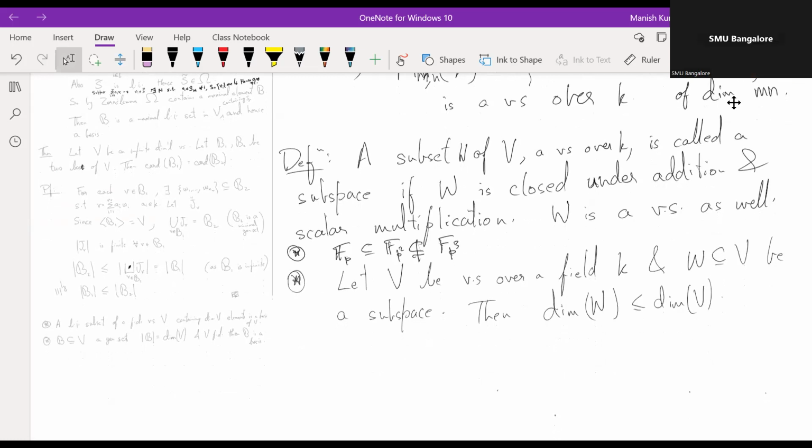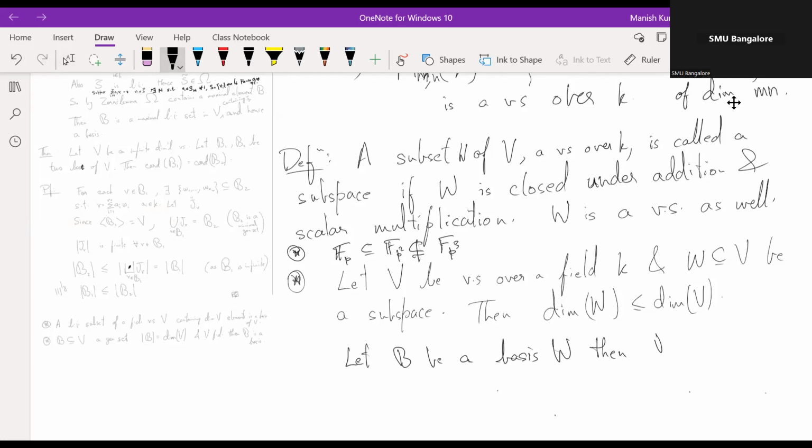Exactly. Basically, let B be a basis of W. Then it is of course a subset of V and is linearly independent.